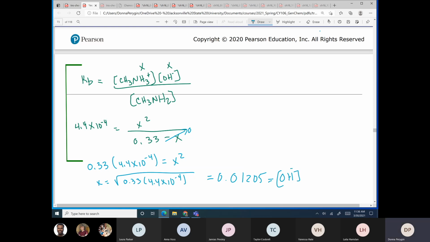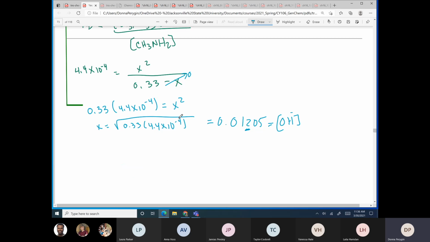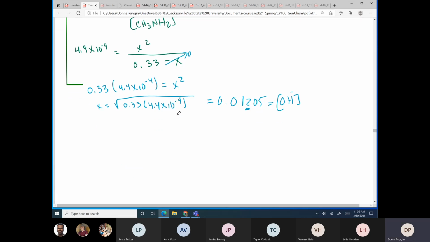Okay, and my sig figs are at 2, because I got 2 sig figs, so I'm just going to draw a line under that for sig figs. So I could do this a couple of different ways.